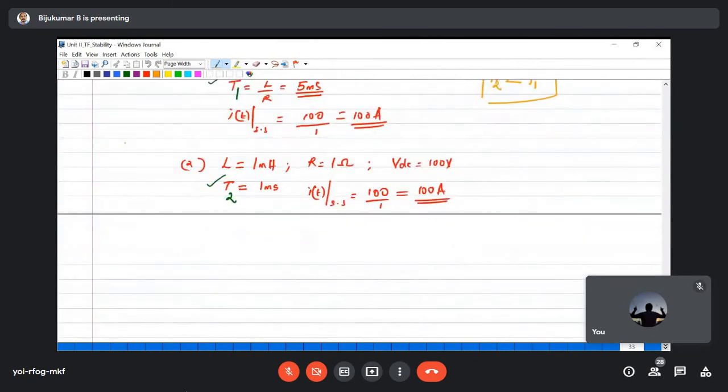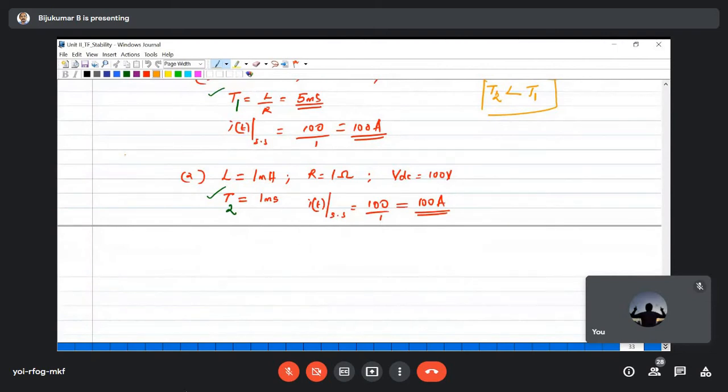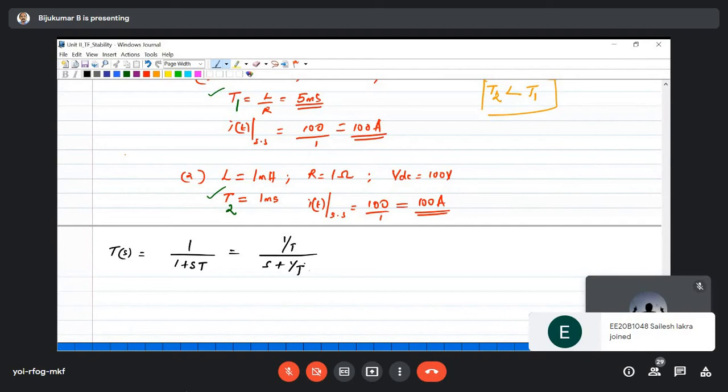Now, what we can do is find the poles for the above said two systems. How can we find the pole? Right. For a first order system, the transfer function is equal to 1 by 1 plus sT. Otherwise, we can write it as 1 by T divided by s plus 1 by T. Yes, right.